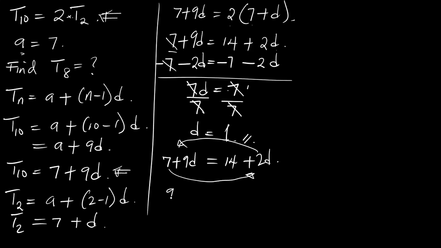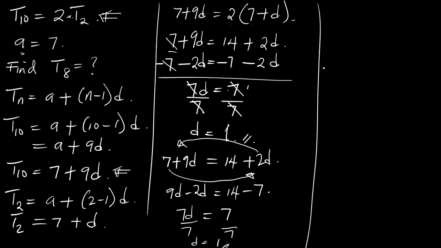So now we have 9d minus 2d, and 14 minus 7. So 9d minus 2d will give you 7d. 14 minus 7 will give you 7. Divide both sides by 7. You have d equal to 1.